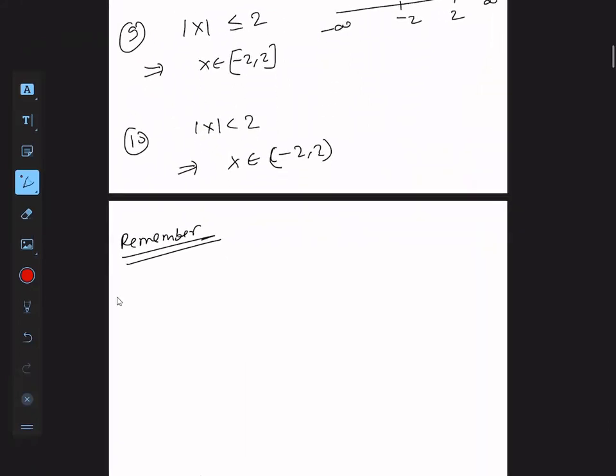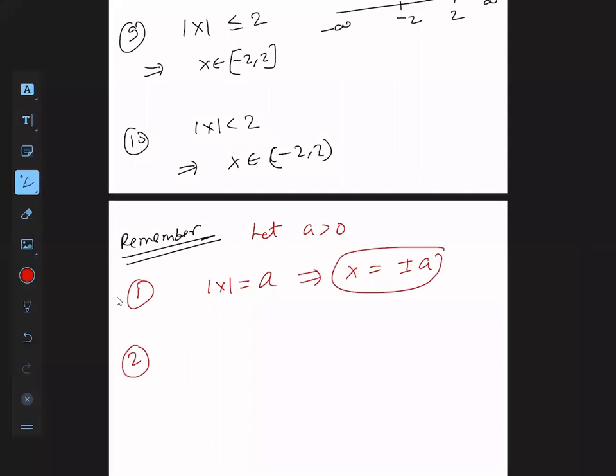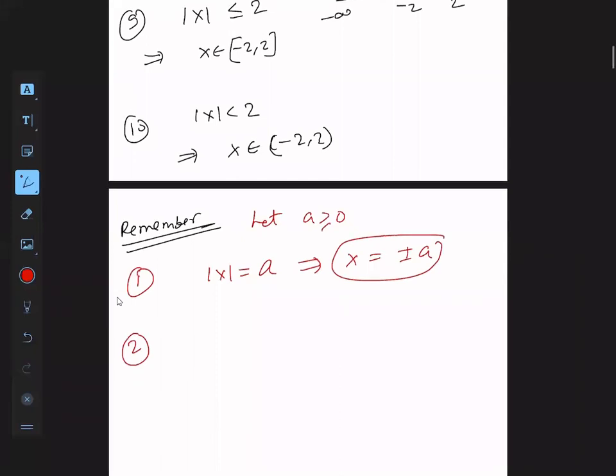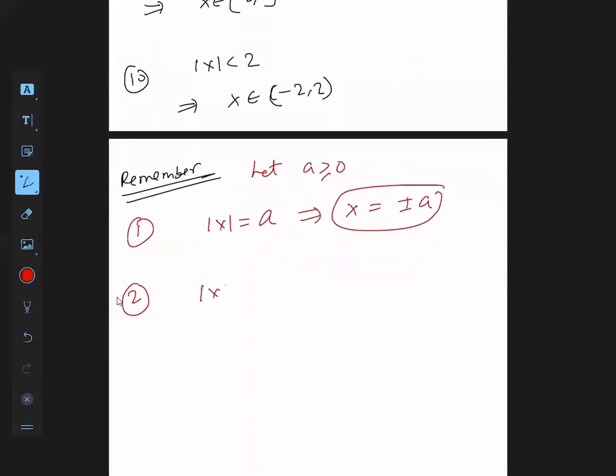Clear? Now, there are three results which you should remember. Let A be any positive quantity. First of all, if mod x is equal to A, then what is the value of x? You simply put plus minus A on the right hand side. If mod x is greater than A, then x will be minus infinity to minus A union A to infinity.